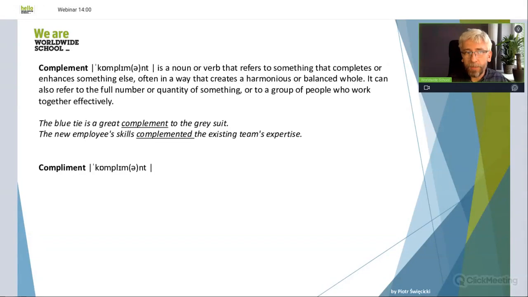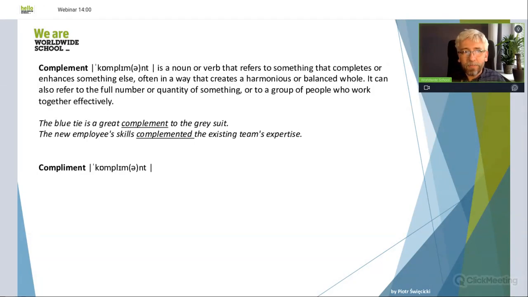This blue tie is a great complement to the gray suit. Uzupełnienie, dopełnienie. That's complement number 1. The new employee's skills complemented the existing team's expertise. Okay. All right. So what about compliment?